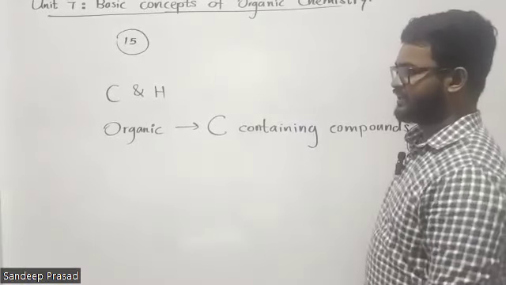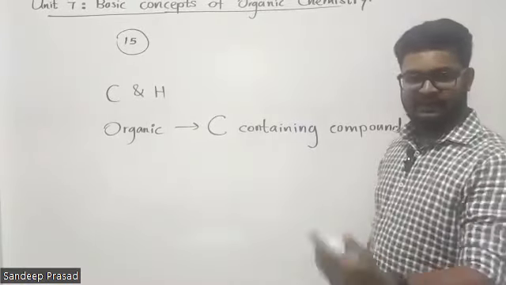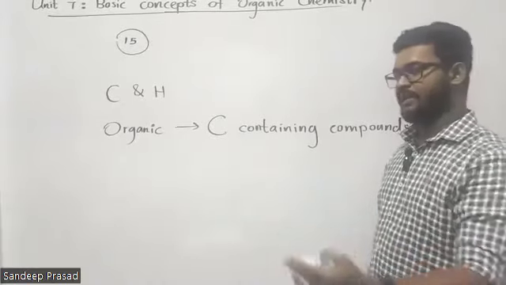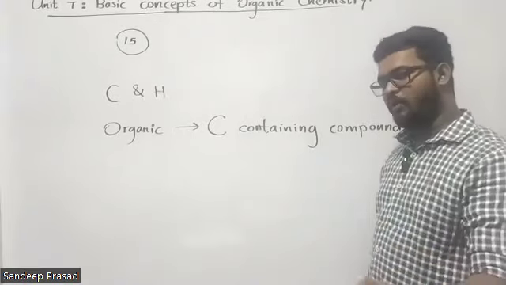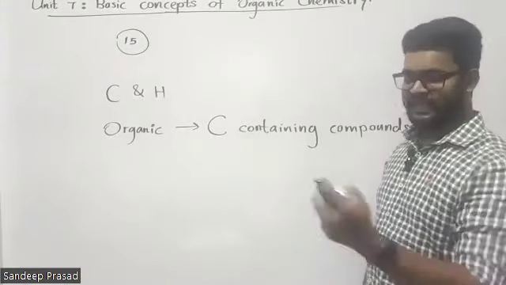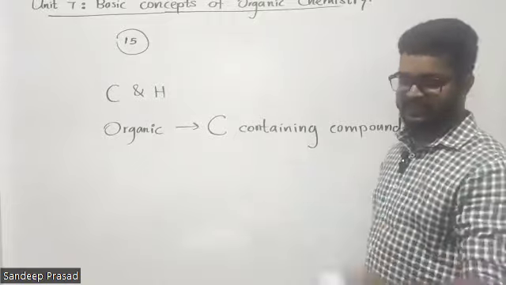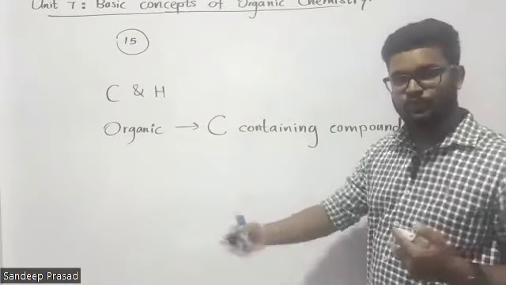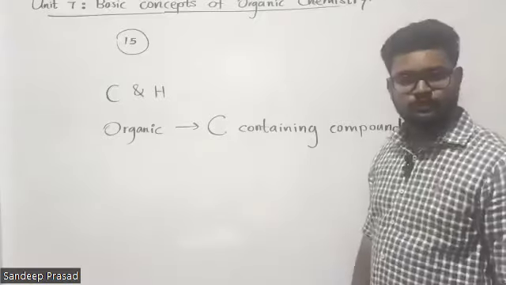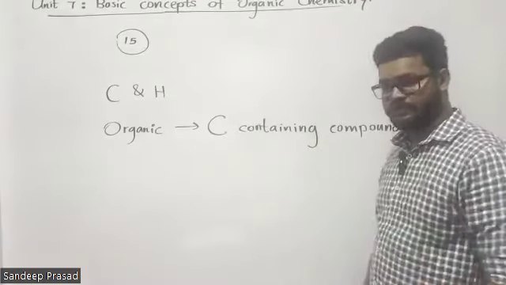For instance, we can consider alkane, alkene, alkyne. Then we have aldehyde, ketone, alcohol, carboxylic acid, ester, cyanide, alkyl halide, acid halide. So likewise, I'm going to teach you mainly 15 types of organic compounds that we have to discuss.